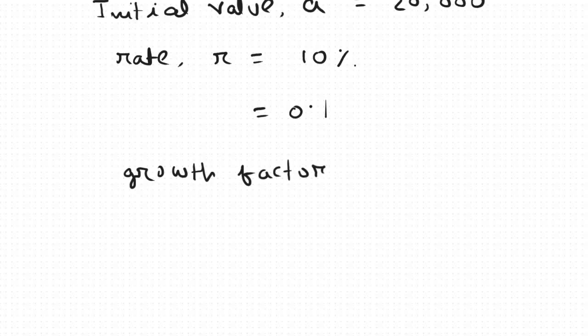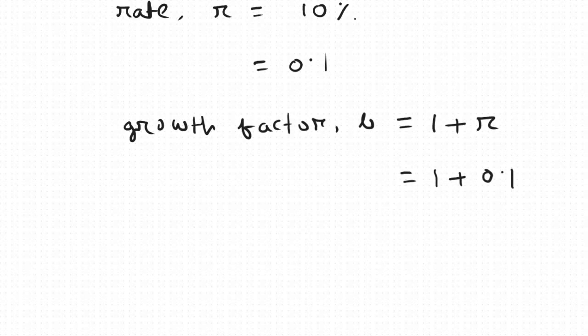Growth factor b by using 1 plus r, and we can put the value of r, which is 1 plus 0.1, and we could get the value of b as 1.1.